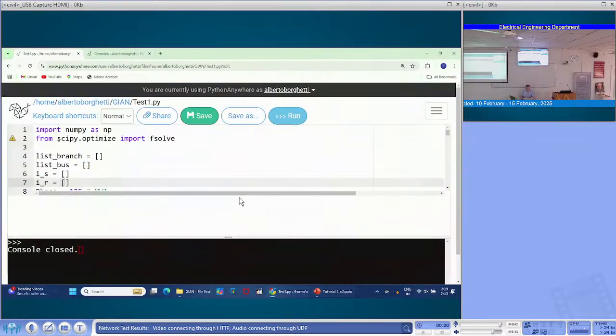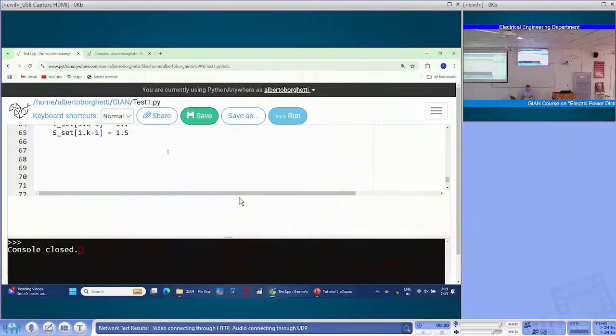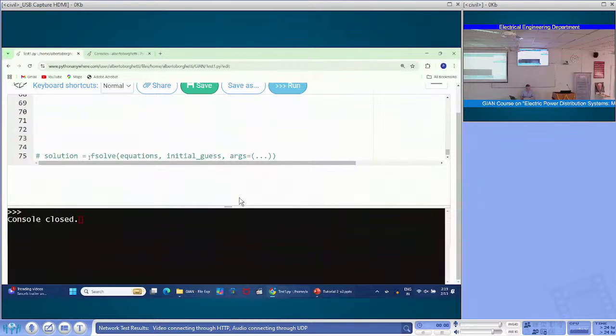We import from the library SciPy optimize, we import fsolve. But we need to use fsolve, and we have already written the instruction, solution, hopefully, fsolve. The first thing we need to give to fsolve are the equations, and then the initial guess of the solution, and the arguments that are needed. So I will write this equation, how to put the equation inside a function.